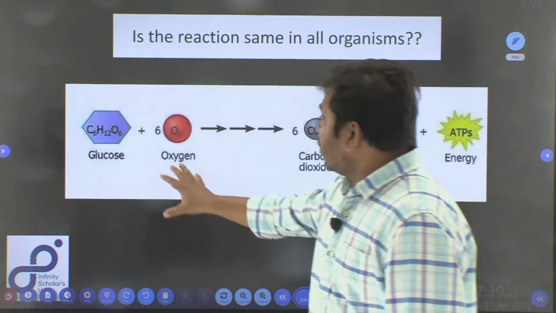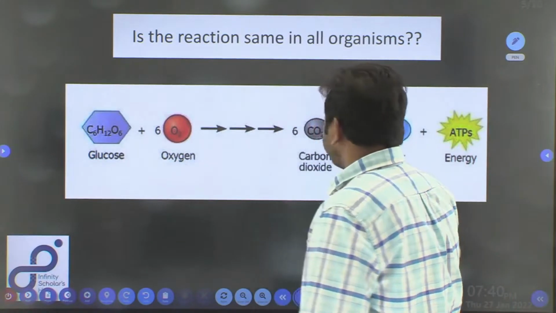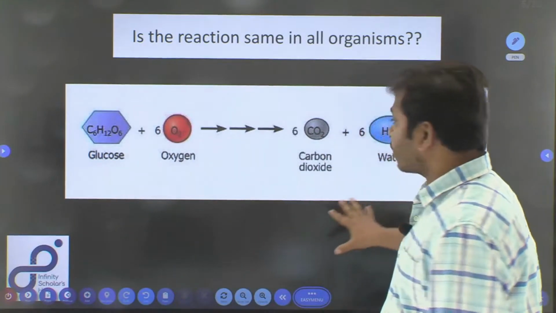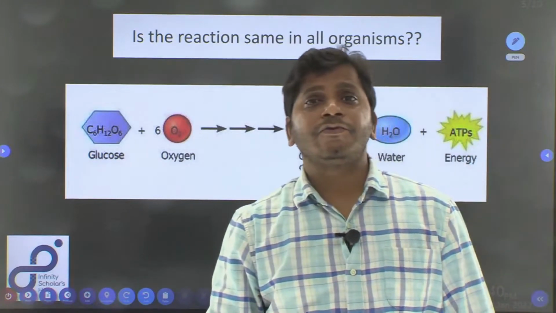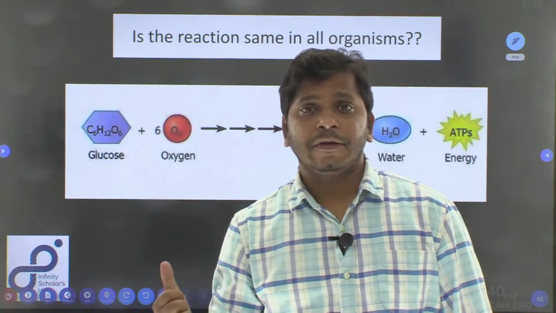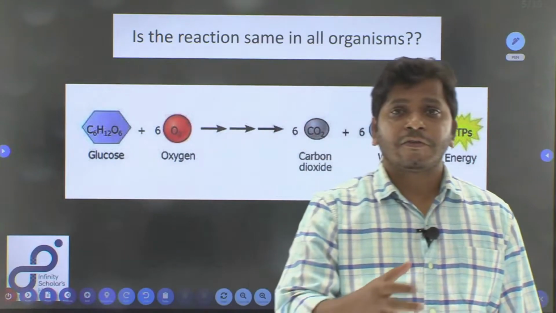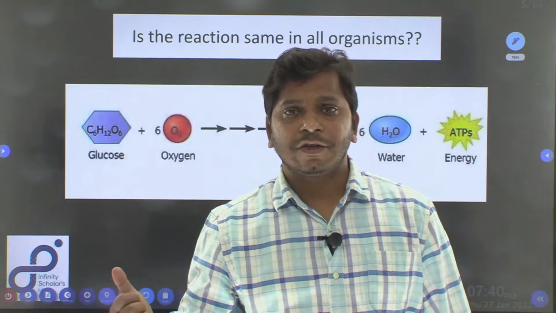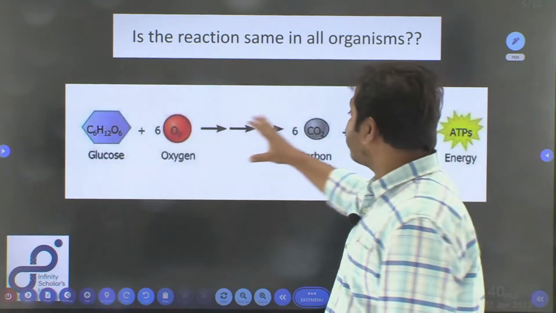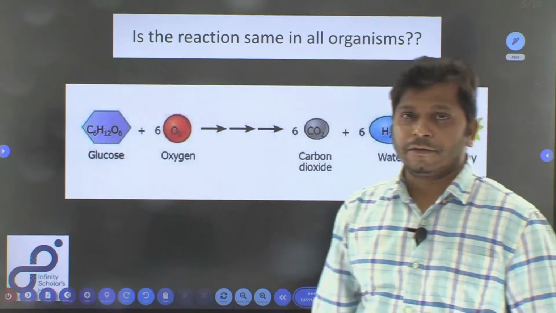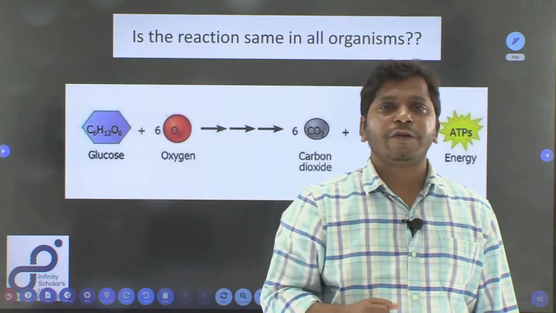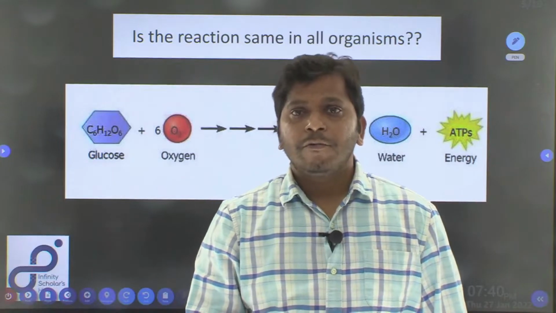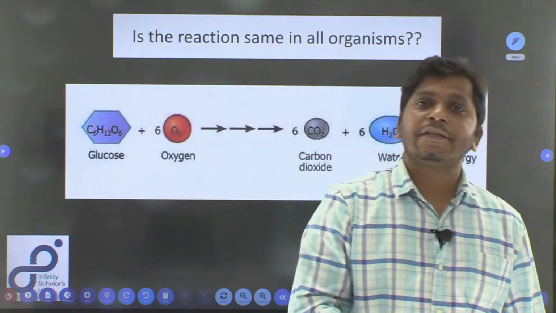While some organisms follow this pathway, there are many organisms which do not follow this pathway exactly. They depend on glucose, of course, for breakdown and to generate energy, but the exact pathway might be slightly different. So there are broadly two kinds of reactions in which respiration takes place: one is anaerobic, and the other is aerobic.